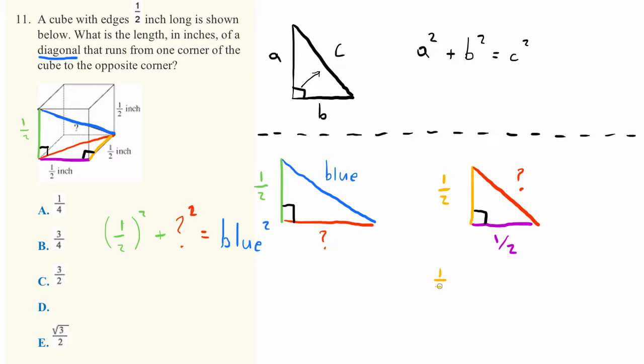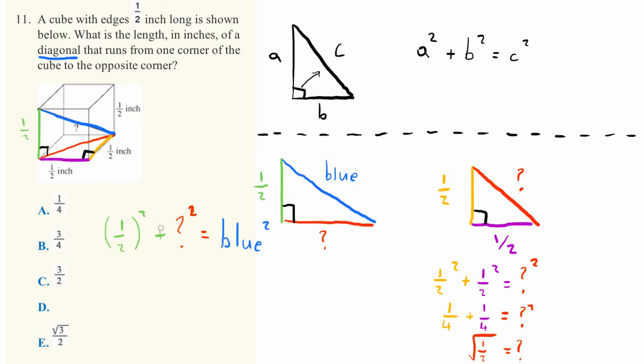We have 1/2 squared plus 1/2 squared is equal to the length of question mark squared. 1/2 squared is 1/4, so 1/4 plus 1/4 is equal to the length of question mark squared. 1/4 plus 1/4 is 1/2, and we can take the square root of both sides, so the square root of 1/2 is equal to the length of question mark.